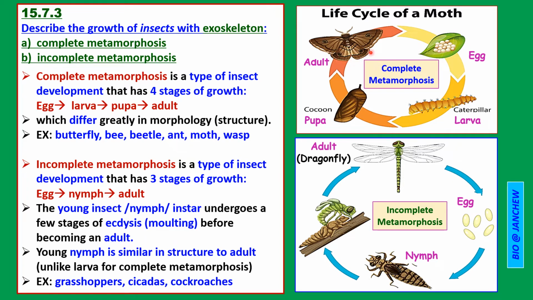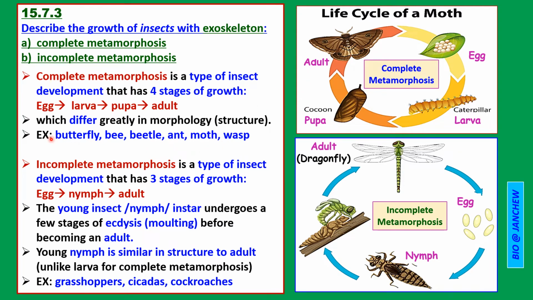So there's a great difference in structure between the adult moth and the caterpillar, the larva stage. So the transformation is quite great, and that's why we call it complete metamorphosis, from the caterpillar or larva stage to pupa stage to adult stage.